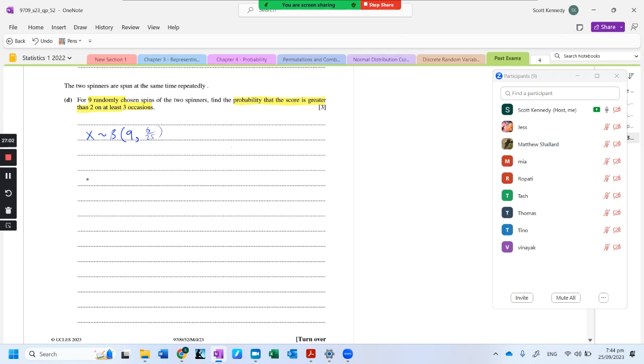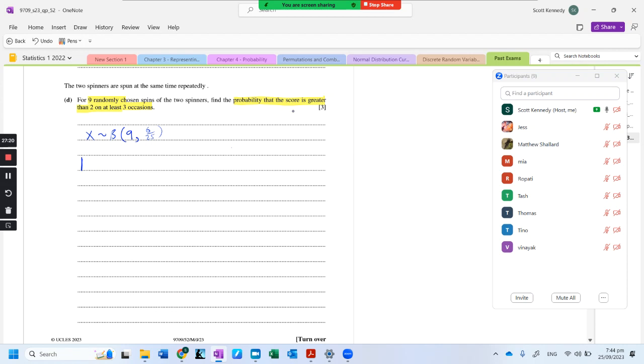Now, there are a couple of ways of doing this. Vinayak, what's the easiest way of doing this? Yeah, that's exactly right.